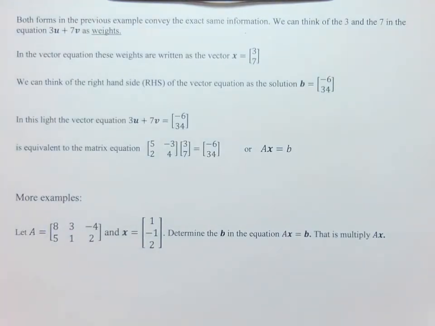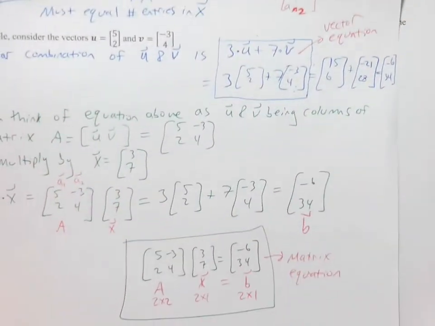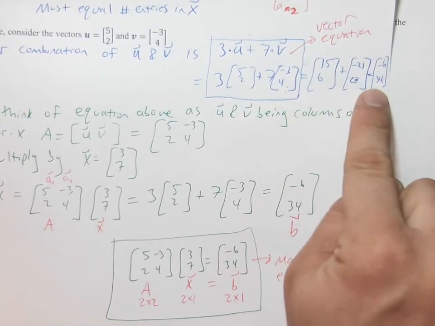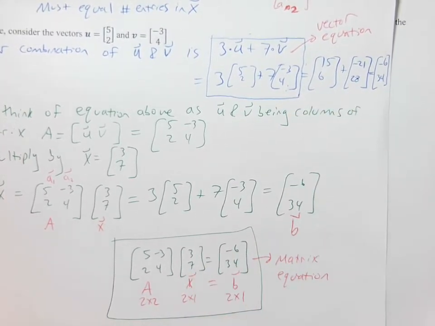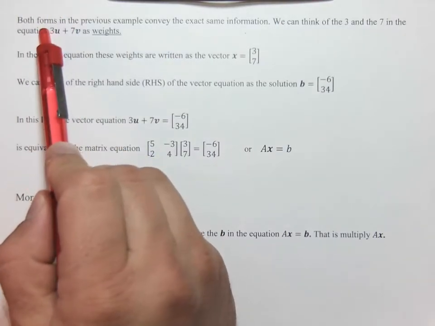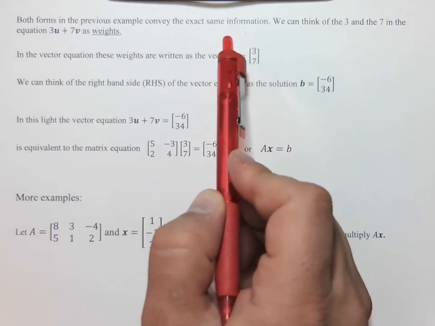So on the last page, we had two expressions. We had the vector equation, and then we had the matrix equation, and they're saying the same thing. You get the same answer in both cases. It's important to realize that both forms of the previous example convey the same information.